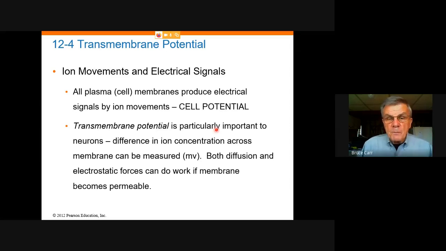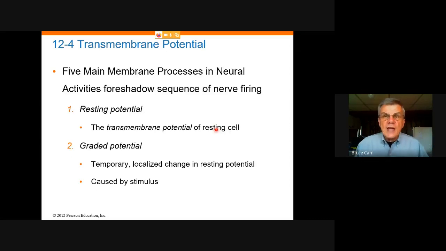The transmembrane potential is going to be established at rest. Number one, the resting potential. A cell which is not firing is going to be registering that voltage in a fairly constant way. Now, I say fairly constant. We will select an average reading to illustrate the transmission of nerve impulses.